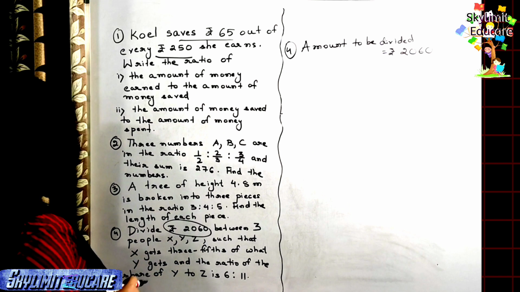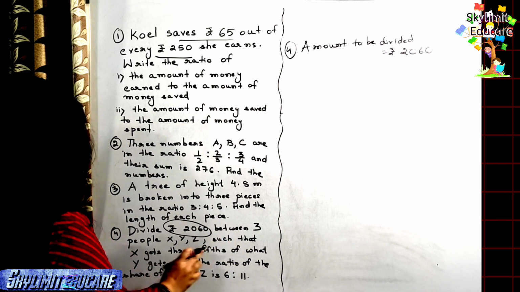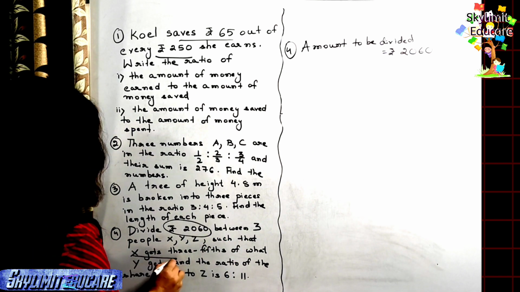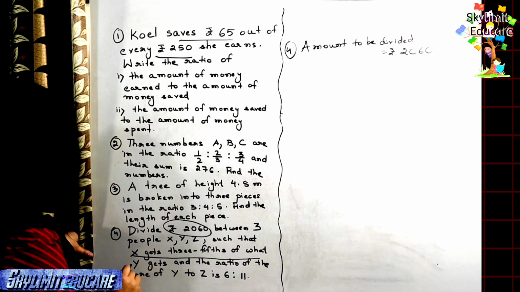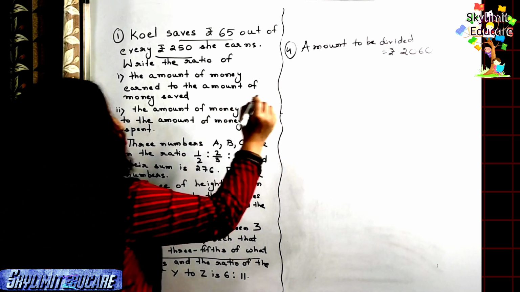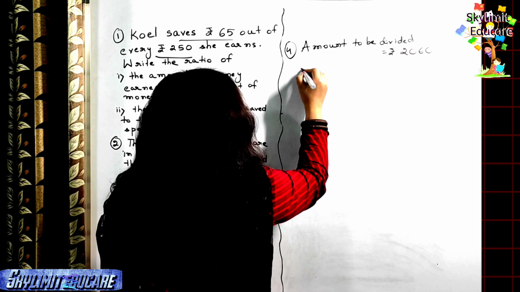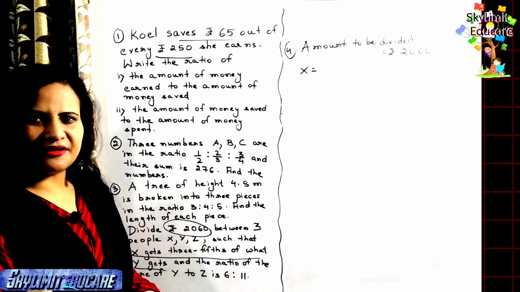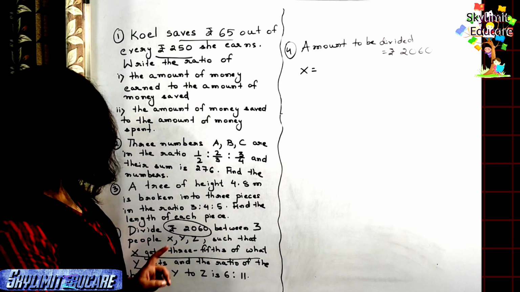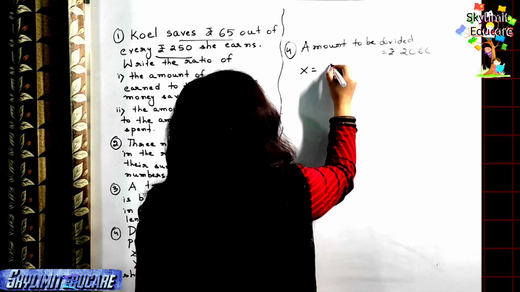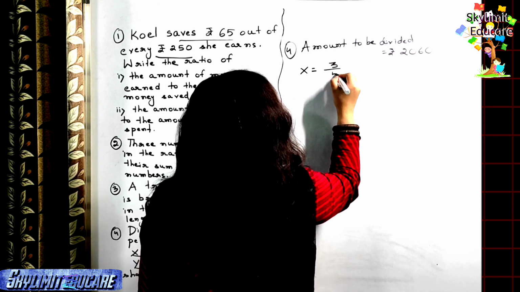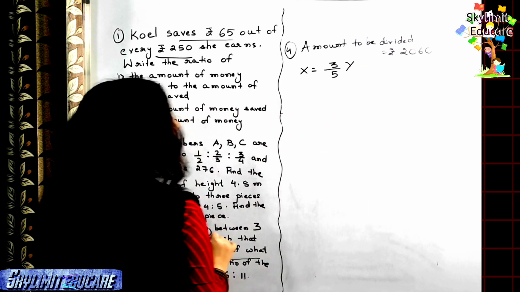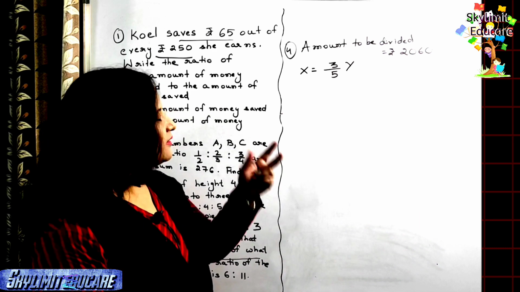Okay, the ratio is given in a different manner, such that X gets 3/5 of what Y gets. Okay, so how is it going to be distributed? X gets 3/5 of what Y gets. So we can write it as X gets 3/5 of Y, whatever Y receives.